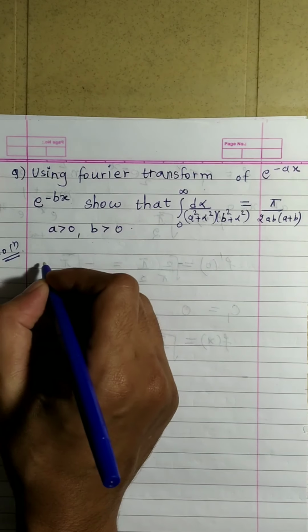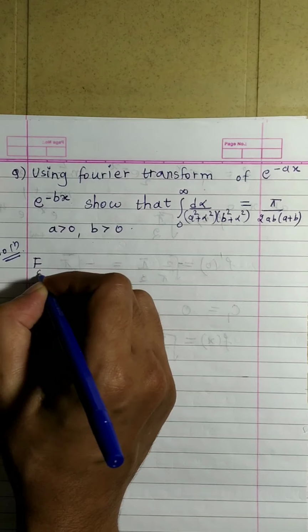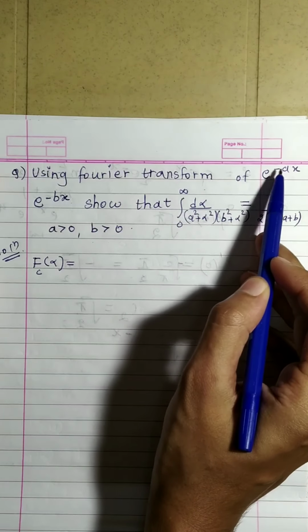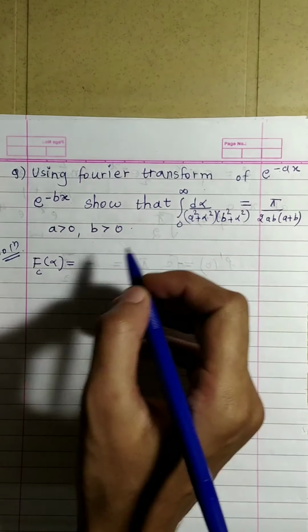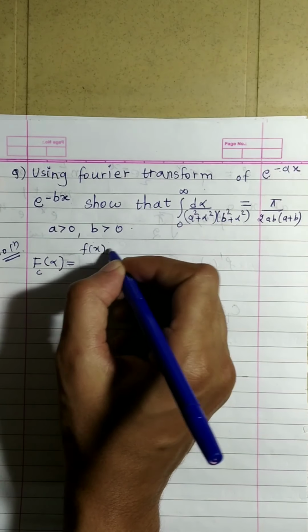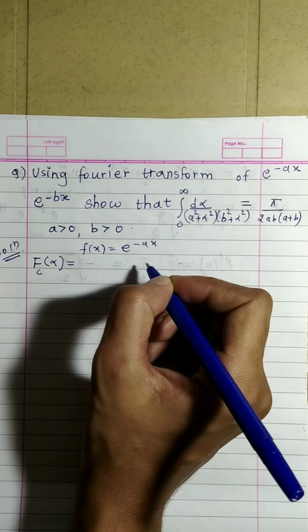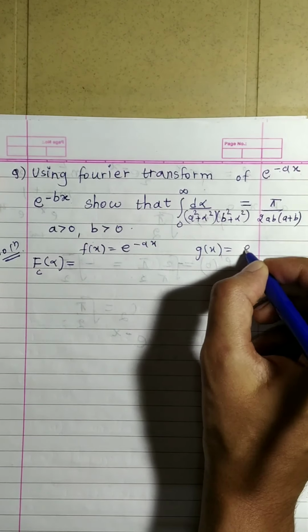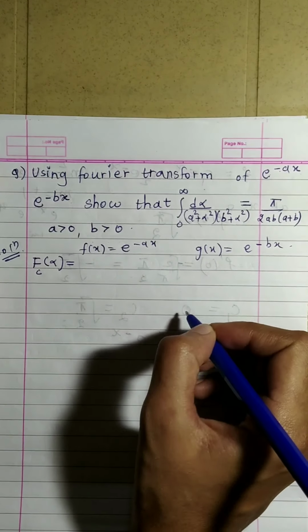Let me call f of x as e raised to minus ax, and g of x as e raised to minus bx.